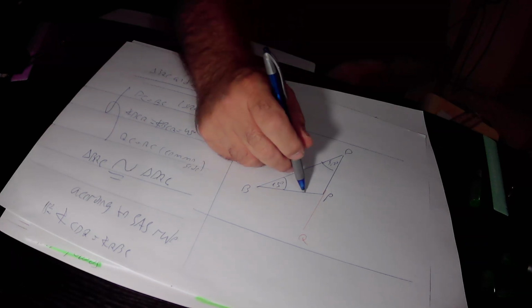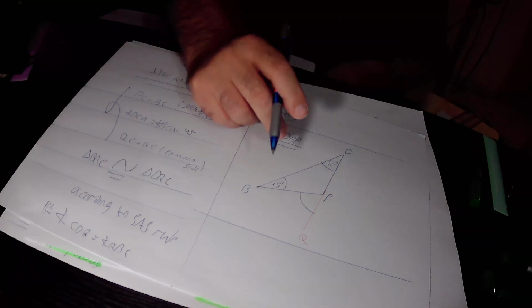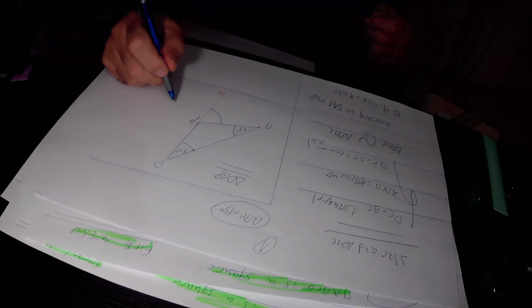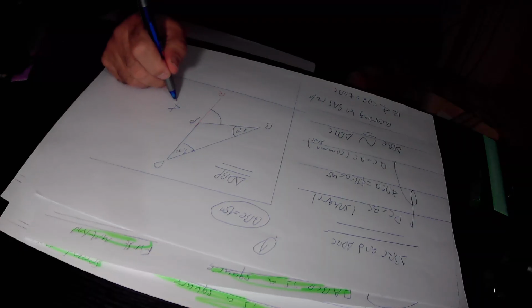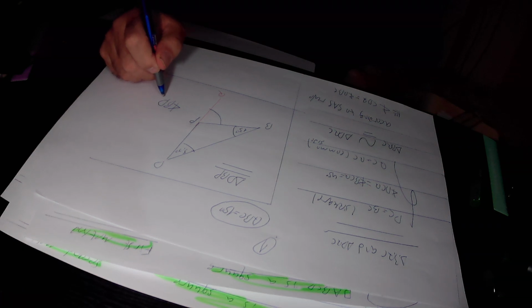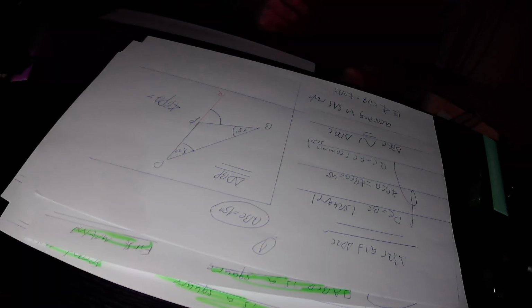What is the size of this exterior angle BPQ? And again, angle BPQ is an external angle of triangle DBP. The question is, what is the size of this angle BPQ?